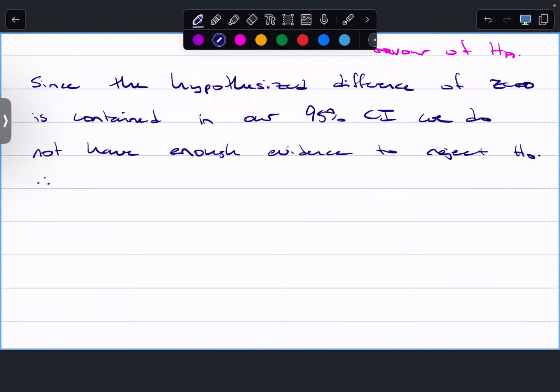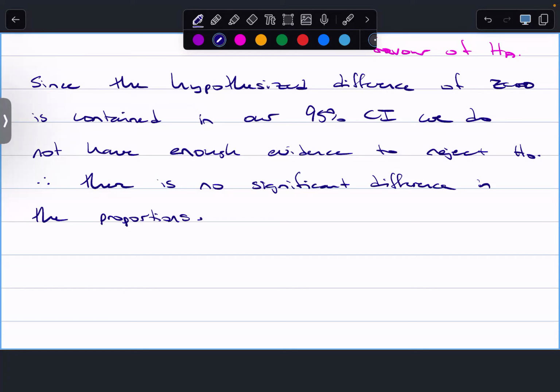Therefore, the difference in proportions is not significantly different from 0, or what we could say is there is no significant difference in the proportions of Americans and Duke students.